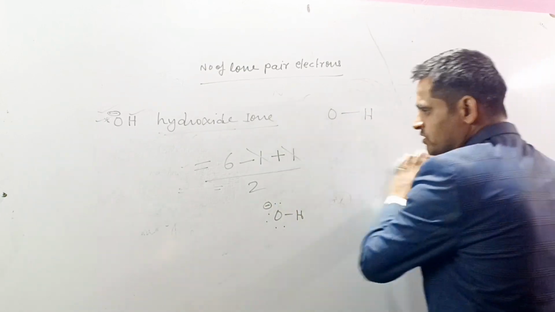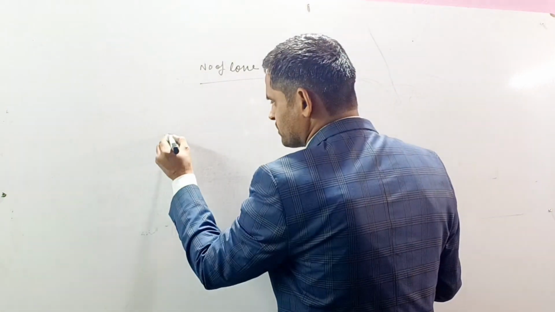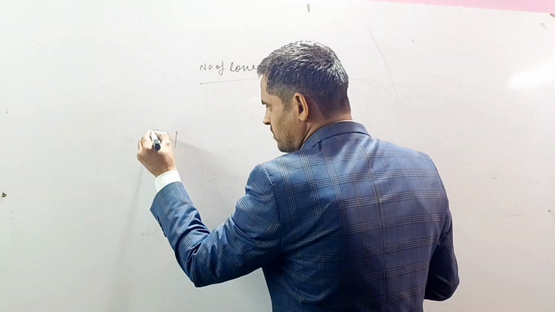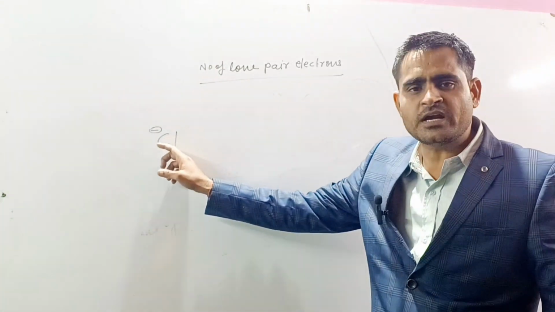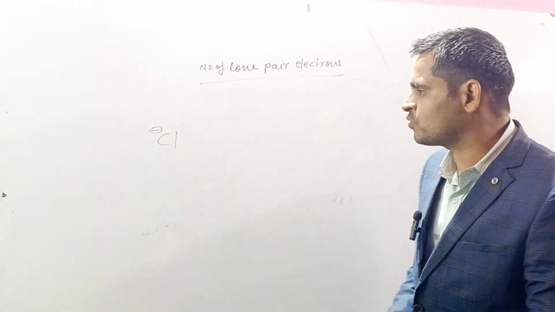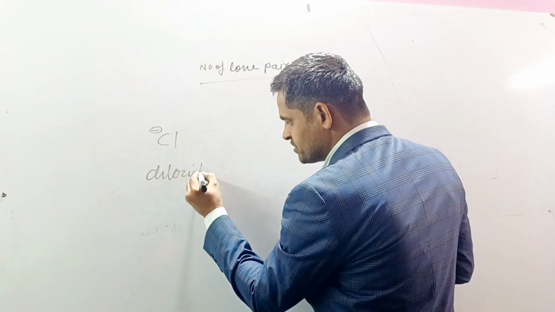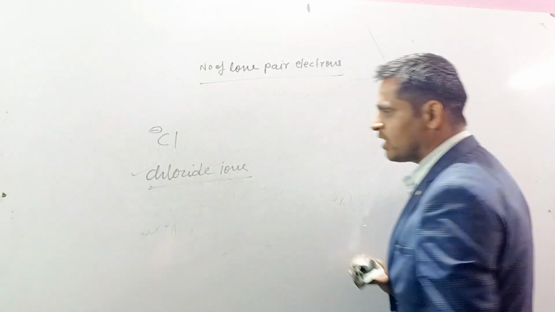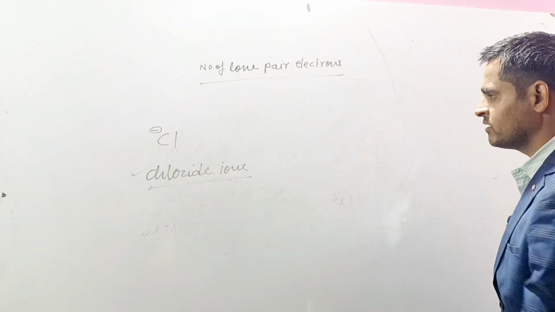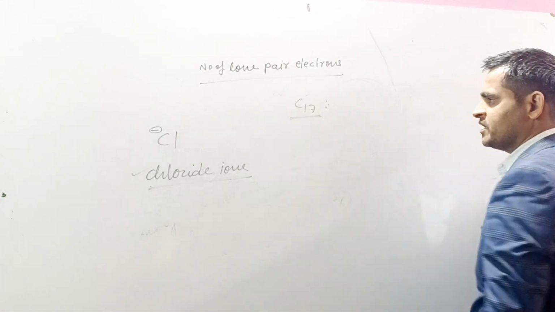Now the next formula is chloride, Cl minus. How many lone pair electrons are at the chlorine ion? This is the chloride ion. How many lone pair electrons are at the chloride ion? So we know chlorine has atomic number 17.